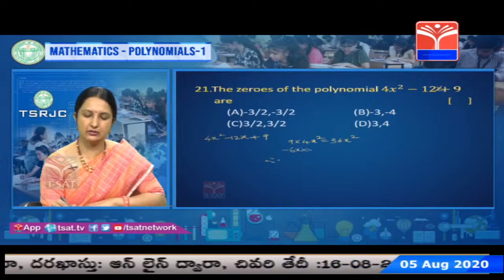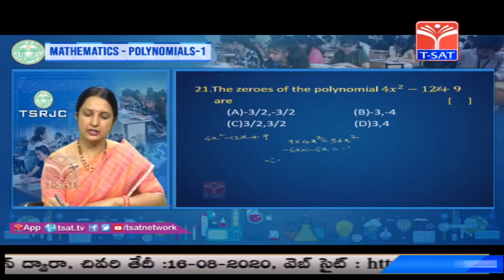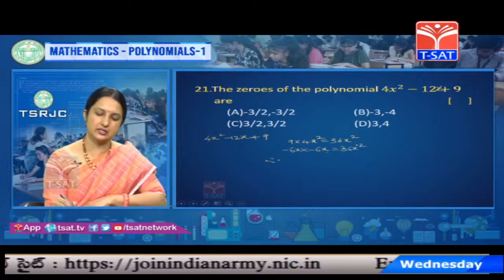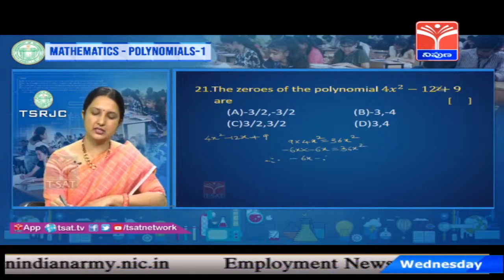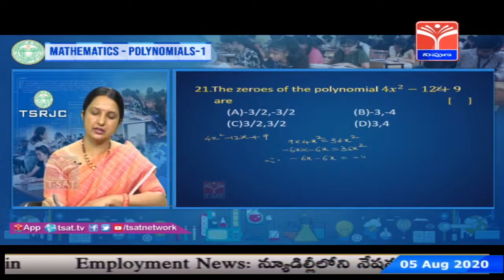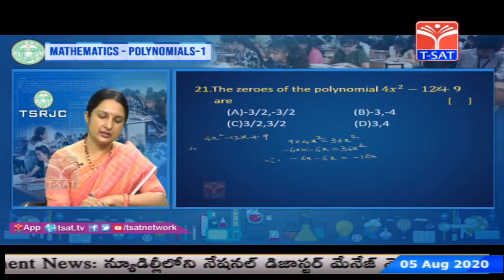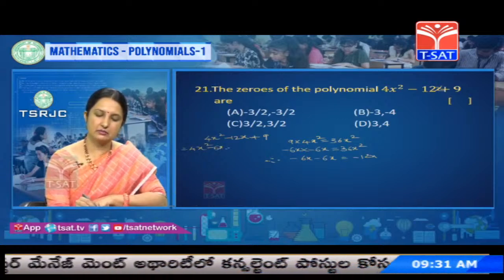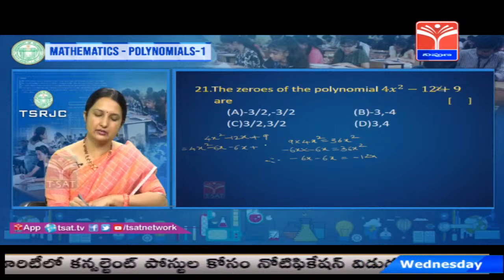Minus 6x into minus 6x, that is minus into minus plus, 6 6s are 36 x square. So when you add minus 6x and minus 6x, you will get minus 12x. So write here 4x square minus 6x minus 6x plus 9.